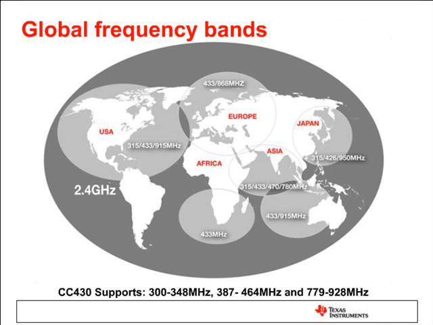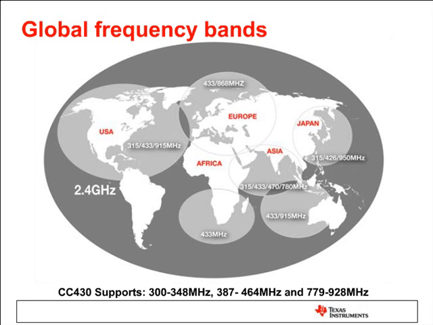Now, it's important, I've talked about 2.4 gigahertz. I've talked about sub 1 gigahertz. It's important to understand that CC430 is a sub 1 gigahertz radio. So it's not a worldwide radio, right? The sub 1 gigahertz space is unique in that it's more tightly regulated, kind of country per country, or region per region.